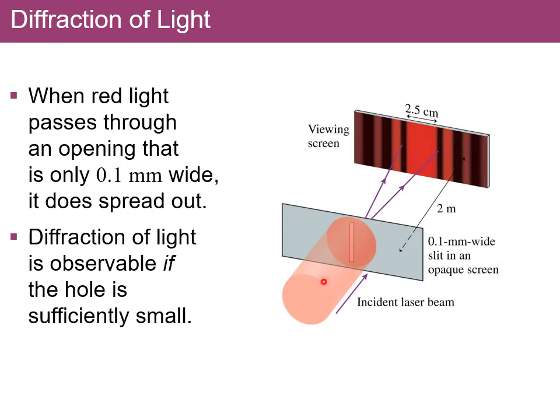When red light passes through an opening that is only 0.1 millimeters wide, it does spread out and will produce a diffraction pattern on a viewing screen, as shown. We note that diffraction of light is observable if the hole is sufficiently small.